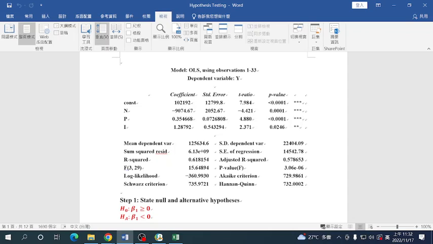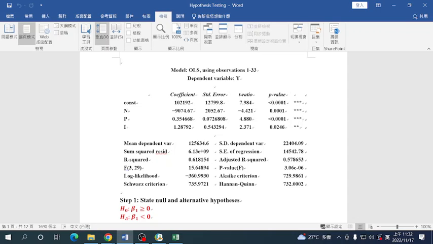For example, F with 3 and 29 degrees of freedom. Check the column equal to 3, and for the row there's no 29, right? Look at the closest one, which is 30. What's the value you see? 2.92.